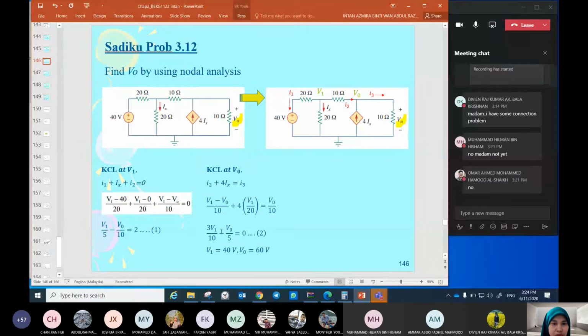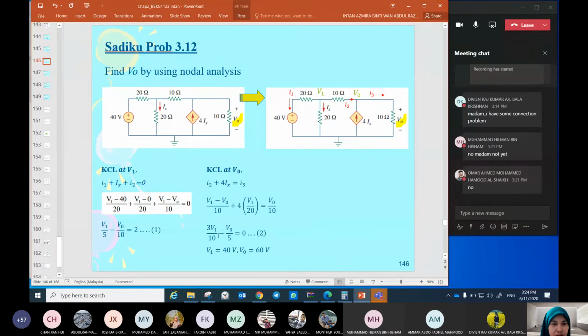Make sure that before you key in the numbers in the calculator, both equations have the same order of the voltages. Let's say the first equation we have V1 followed by V0.